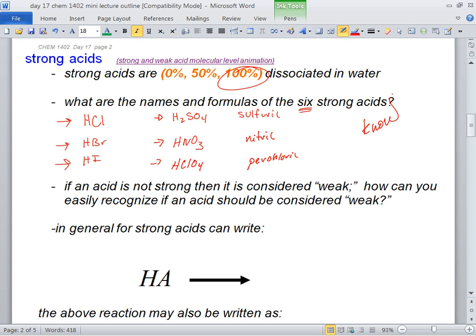Anybody? How could you tell the difference? Well, that wouldn't make it hard. It might help, but it's not one of the 6. Exactly. That's why you know the 6. Because then anything else with an H out front, it's going to be weak. That's how I do it. So how do you know if an acid's weak? It's not one of the 6. Exactly.